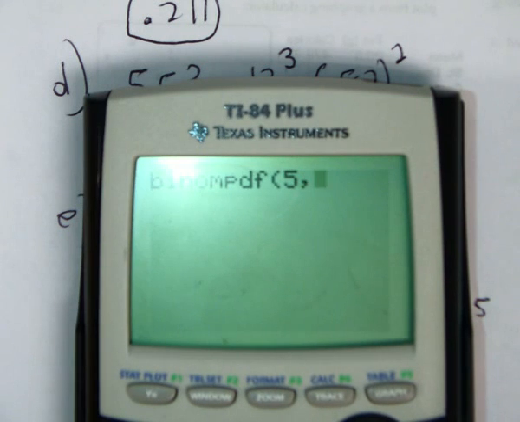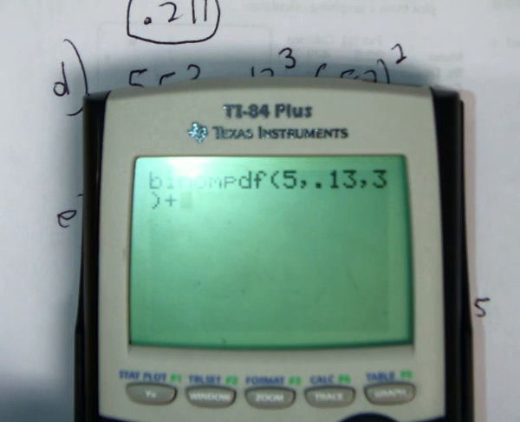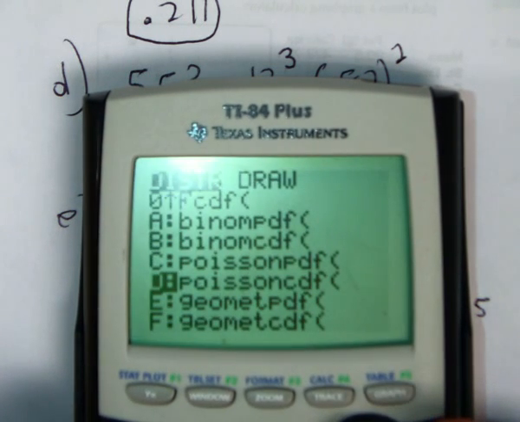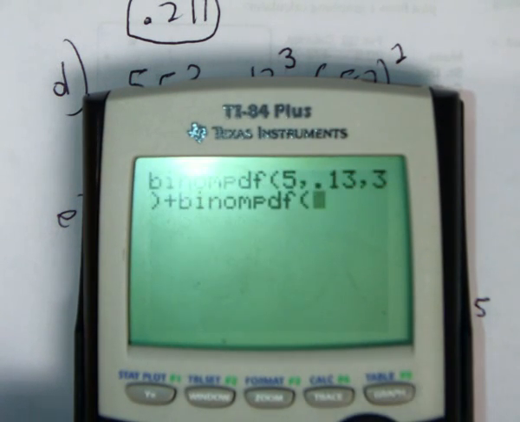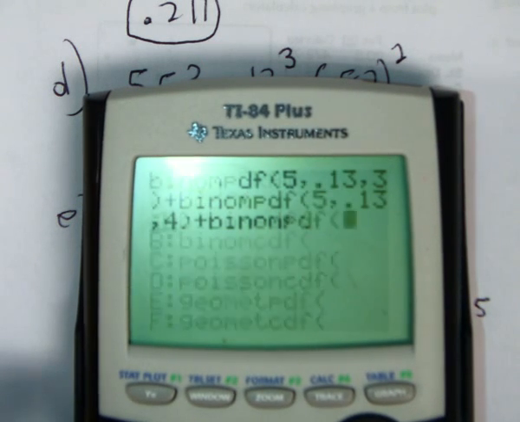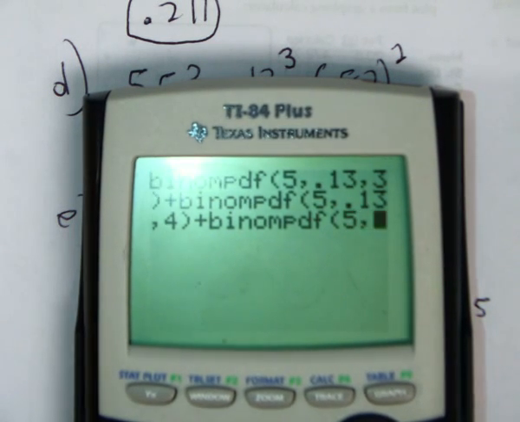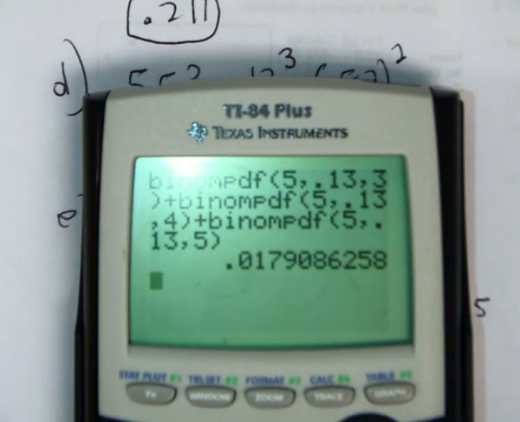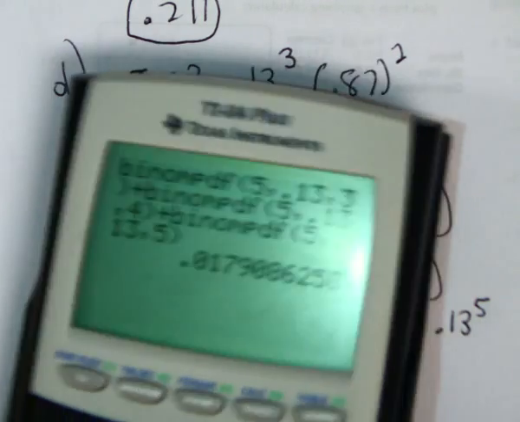And we do 5, 0.13, that's 3 at a time, plus binom PDF again, 5, comma 0.13, comma 4, plus binom PDF again, and that would be 5, comma 0.13, comma 5. So we added the probability of finding 3, 4, and 5 lefties in a group, and if you do that, you get 0.0179.